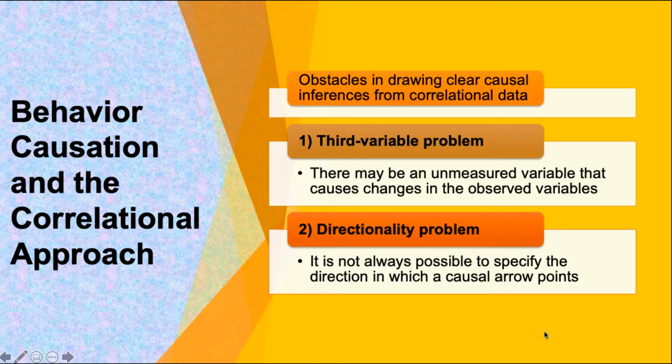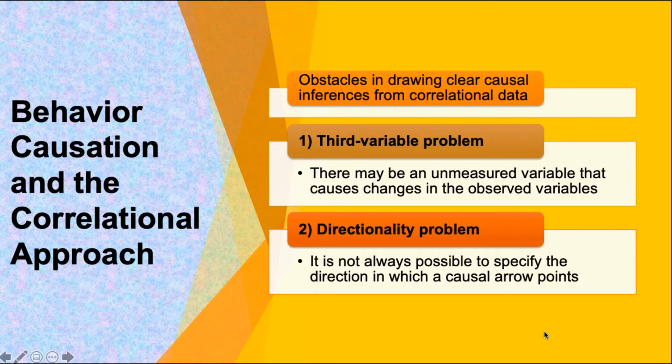However, this conclusion that a causal relationship exists is inappropriate, even though the relationship appears compelling. Two obstacles stand in the way of drawing clear causal inferences from correlational data: the third variable problem and the directionality problem. Let's see why.